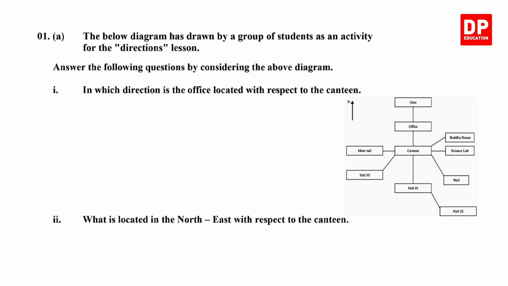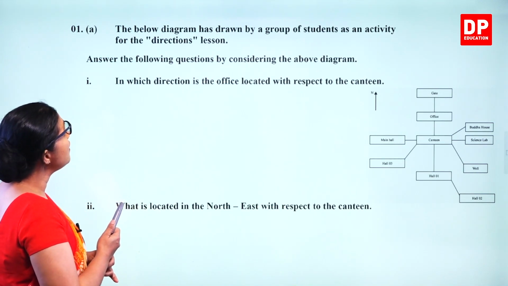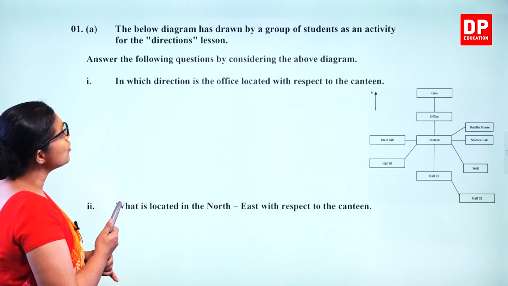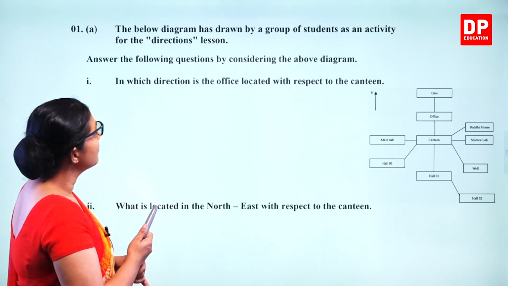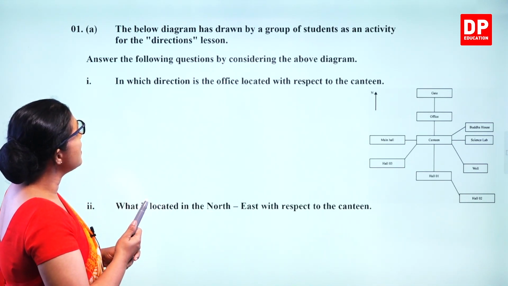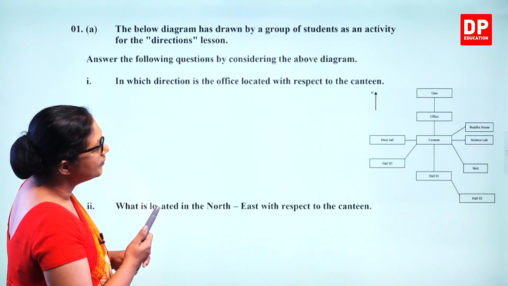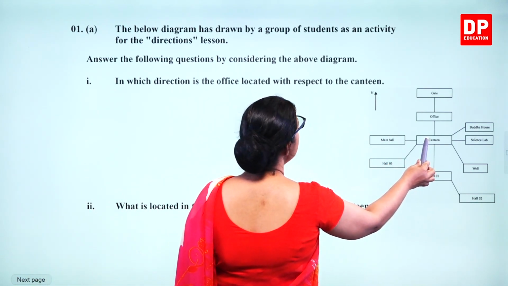The below diagram has been drawn by a group of students as an activity for the directions lesson. Answer the following questions by considering the above diagram. In which direction is the office located with respect to the canteen? This is the canteen.